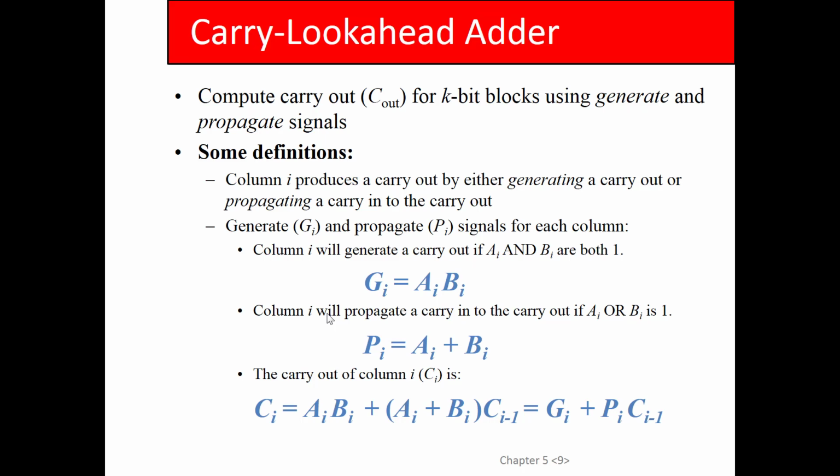Every column, noted by its bit i, which for a 32-bit adder would be 0 to 31, generates, in addition to the sum and the carry out, a propagate and a generate bit. A generate means that this column is going to produce a carry out regardless of what happened before it in the array.